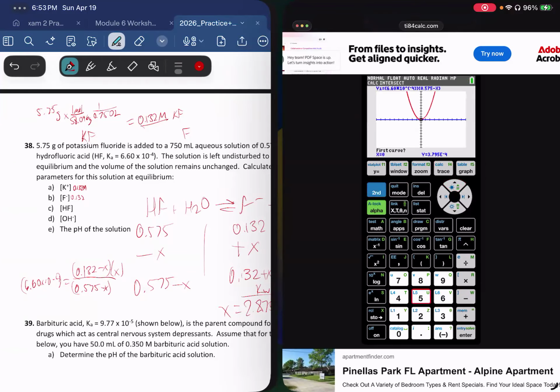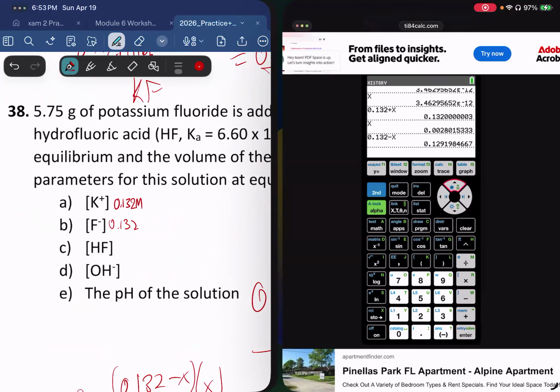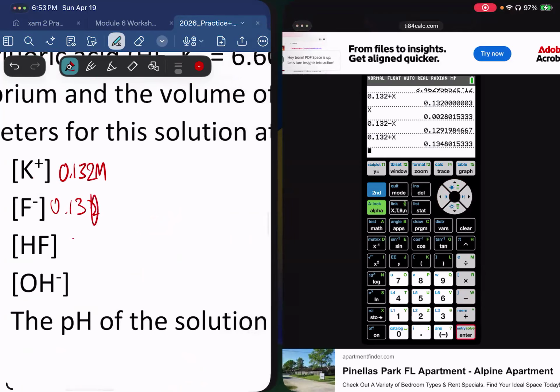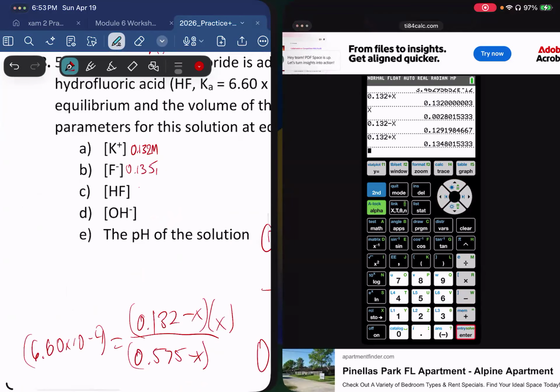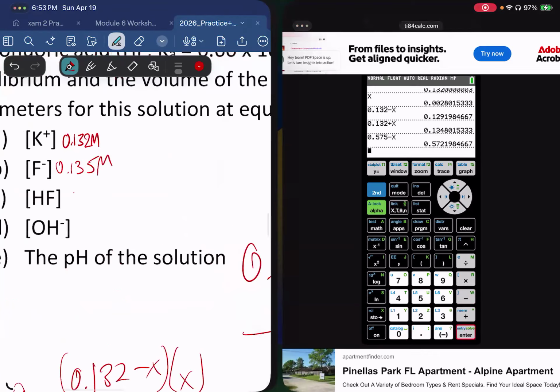Second calc, intersect. The X value is there. So 0.132 plus X, my fault. And here it's 0.575 minus X, which in this case is going to be 0.572.